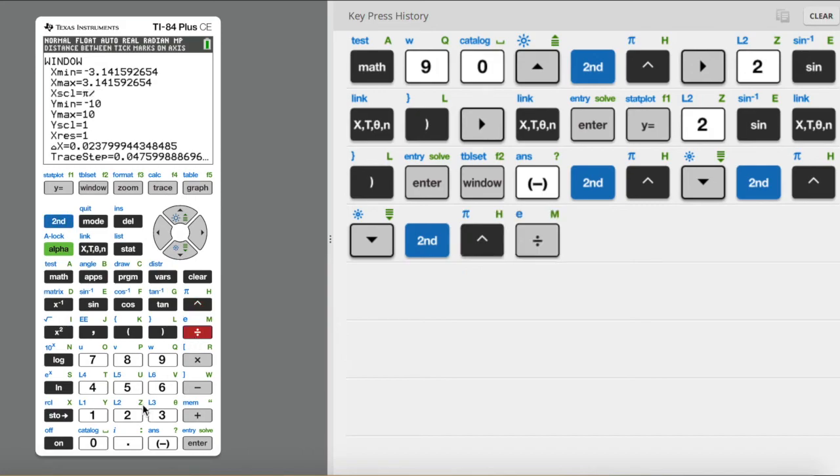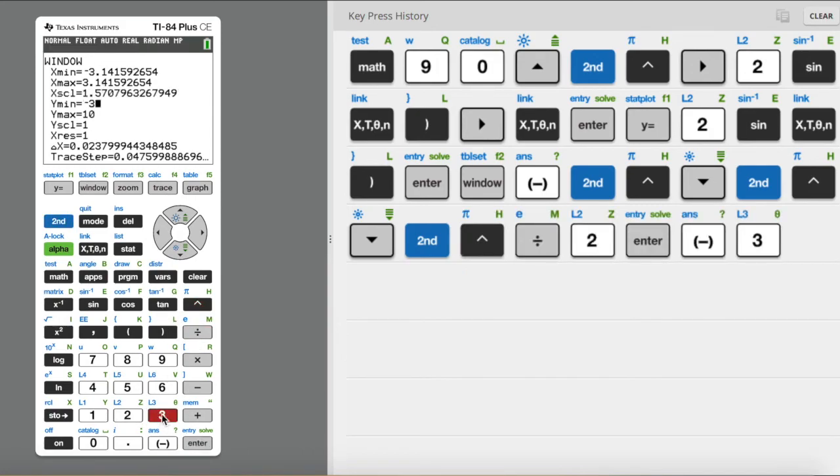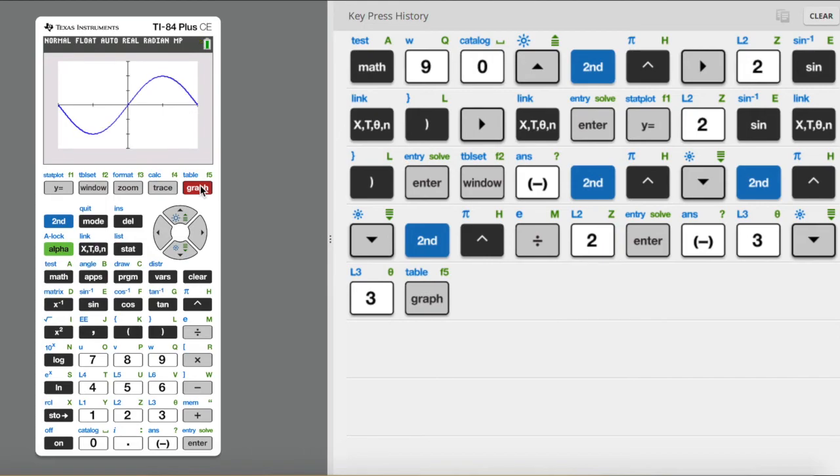I'm going to use pi over 2, and then let's use negative 3 to positive 3 for y min and y max. Here is the graph. We're only interested in from 0 to pi, correct?